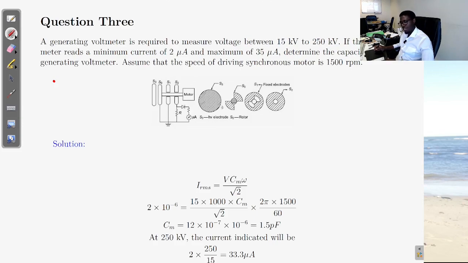And from that variability of capacitance we can determine the current, and then knowing that the current is proportional to the voltage, the measurement that we get from the microammeter here means that we can get the reading of the voltmeter.